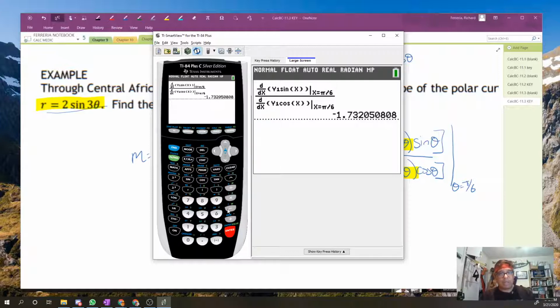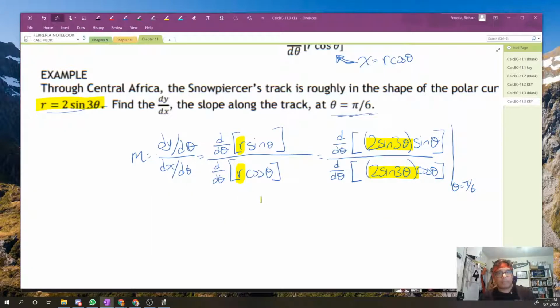1.732. So the slope is m equals negative 1.732. So that means that the Snowpiercer at pi over 6 is moving in a direction that is basically downward, right?